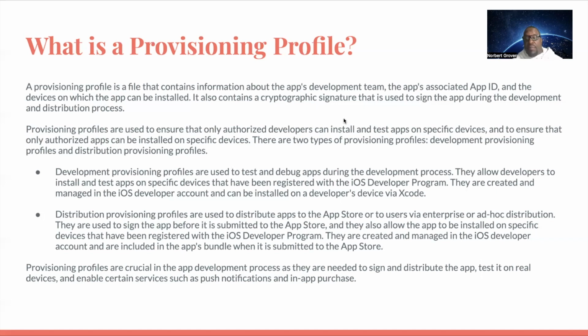They are created and managed in the iOS developer account and are included in the app's bundle when it is submitted to the App Store. Provisioning profiles are crucial in the app development process as they are needed to sign and distribute the app, test it on a real device, and enable certain services such as push notifications and in-app purchases.